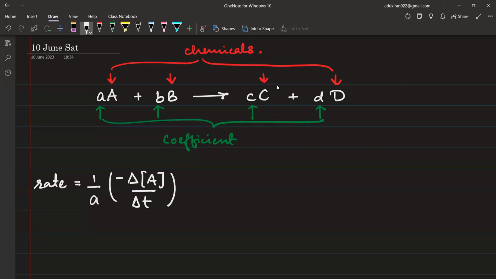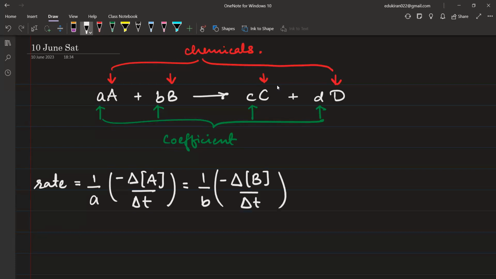Now, similarly, can you tell me what should I write for B if it is a reactant? This negative sign shows that it is a reactant. So for B, what should I write first of all? 1 upon b, small b, and then minus, because it is a reactant, delta B by delta t.